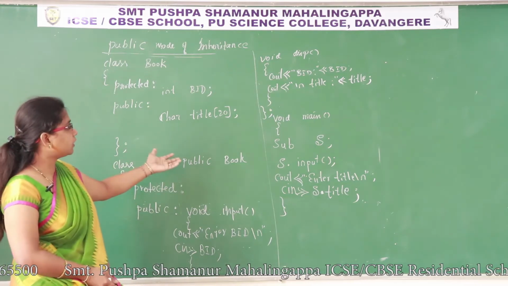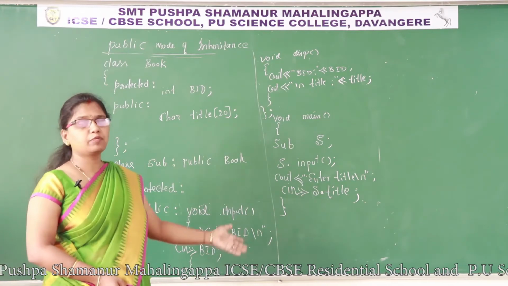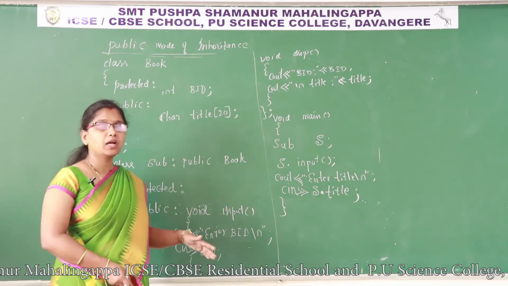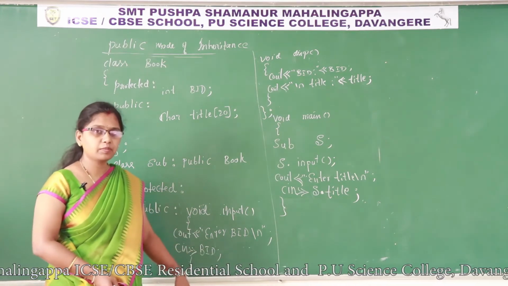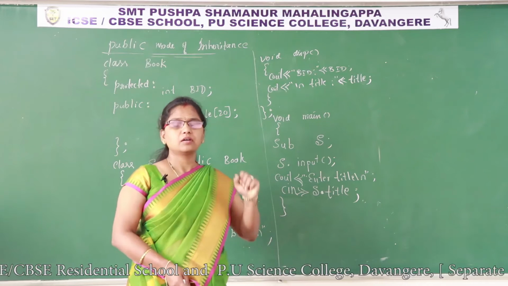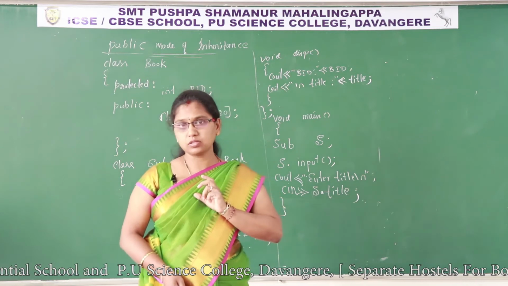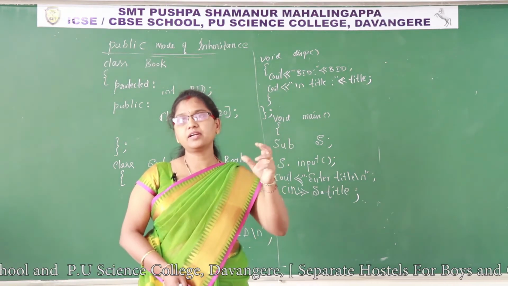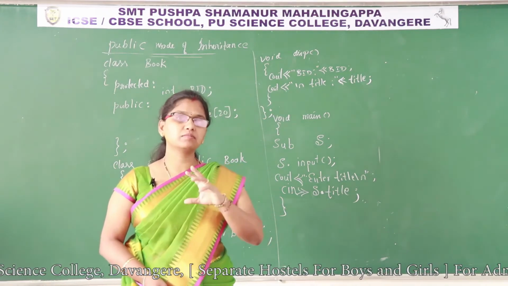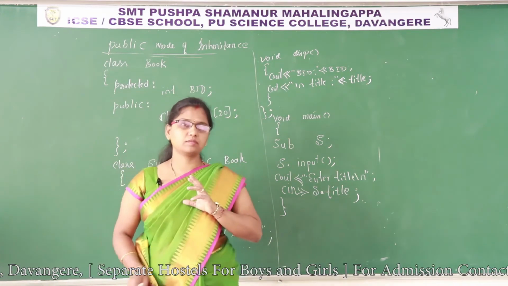If private data is there, it cannot be inherited, then how to access private data in this mode of inheritance. If protected data is there, and the mode of inheritance is public, where will those members go and how to access protected members. Public members, how to access public members. The overall concept of this access specifier is the visibility mode we used, and the base class members of different access specifiers go to which section, then how to access those members. That is the main point in this visibility mode concept.